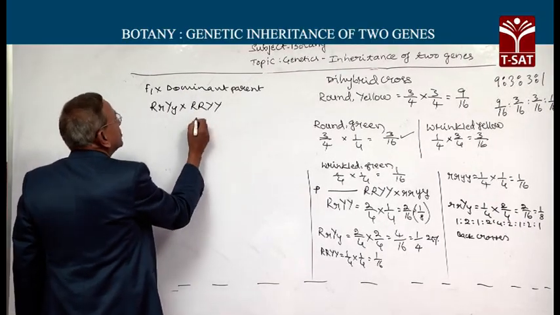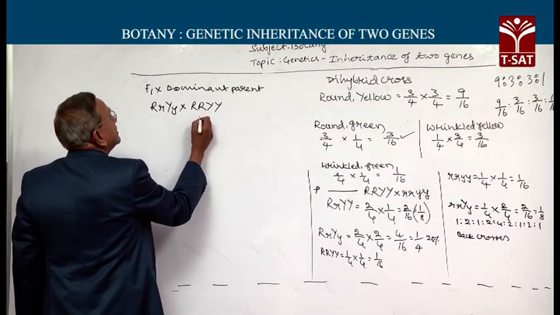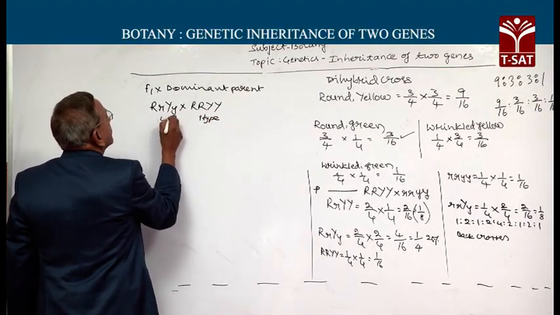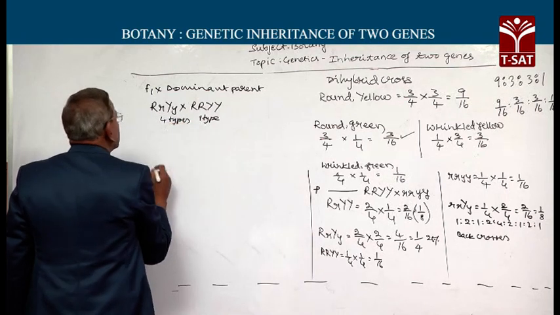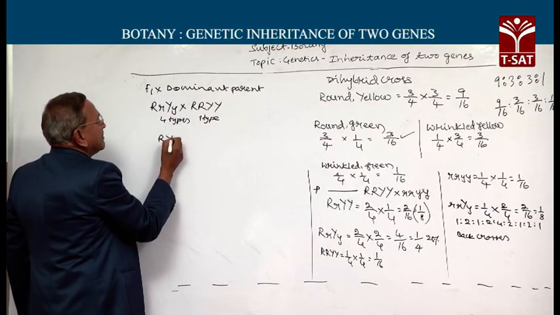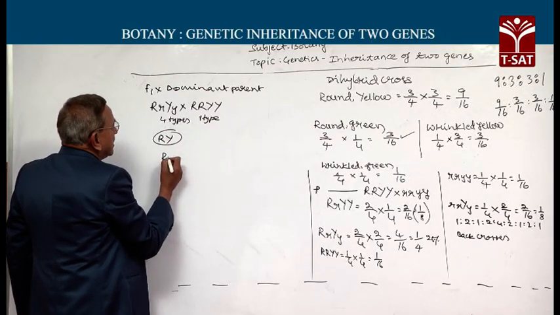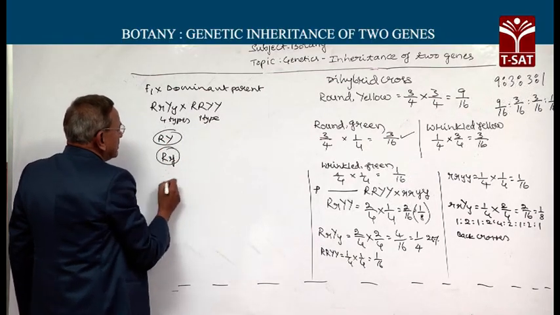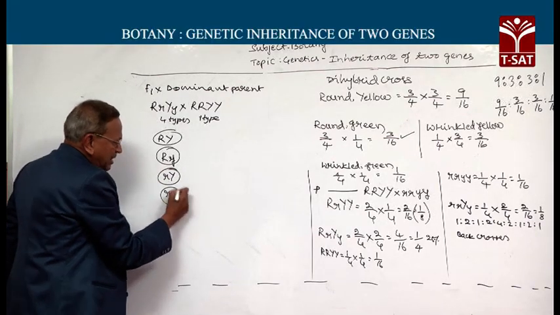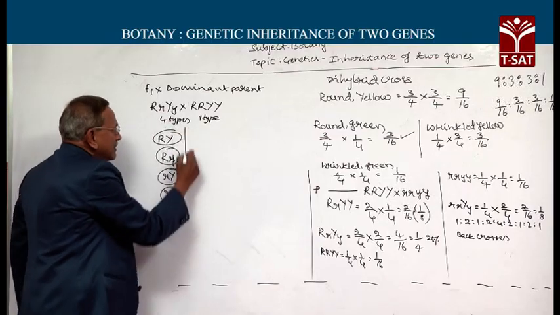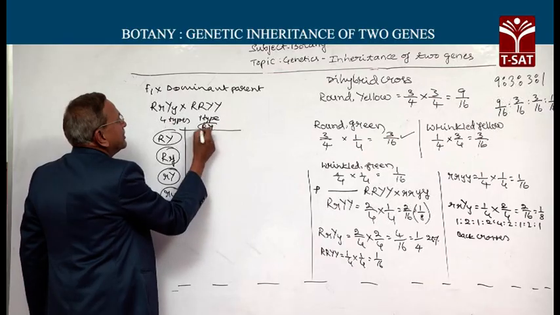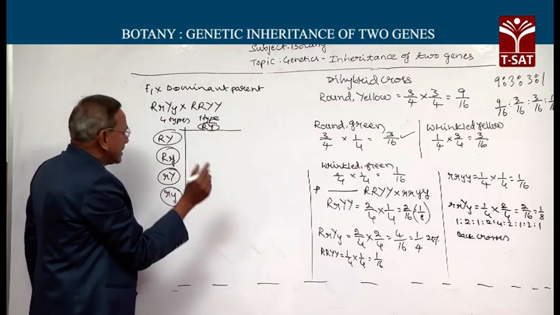So it will produce only one type of gamete. The F1 will produce 4 types of gametes: capital R capital Y, capital R small y, small r capital Y, small r small y. And this is the lone type of gamete produced by the dominant parent, capital R capital Y.